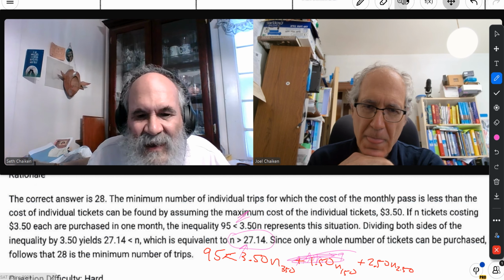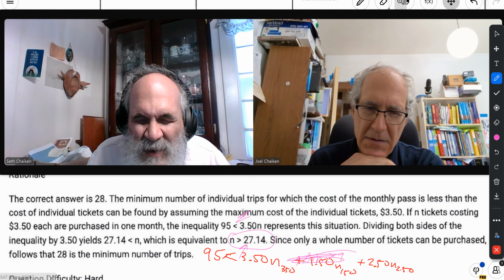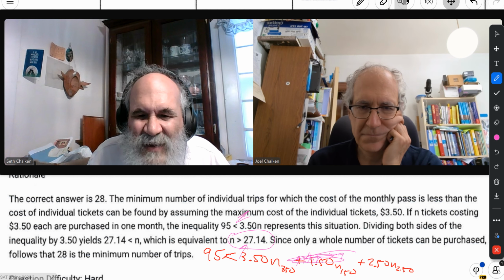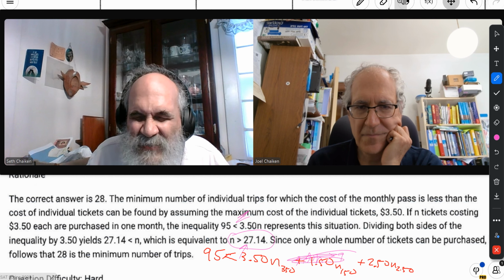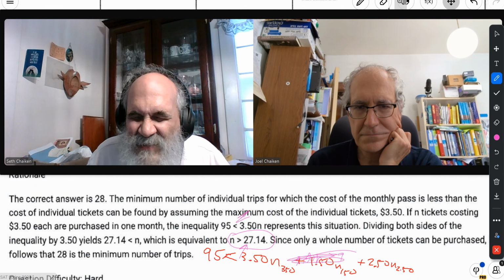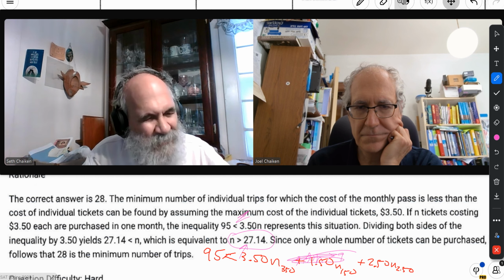Right. And then minimize the sum of the little n's by taking the biggest value you can for n sub 350. Yeah. And then you still won't satisfy the inequality, unless you add a 1 to one of the other n's and then satisfy the inequality.